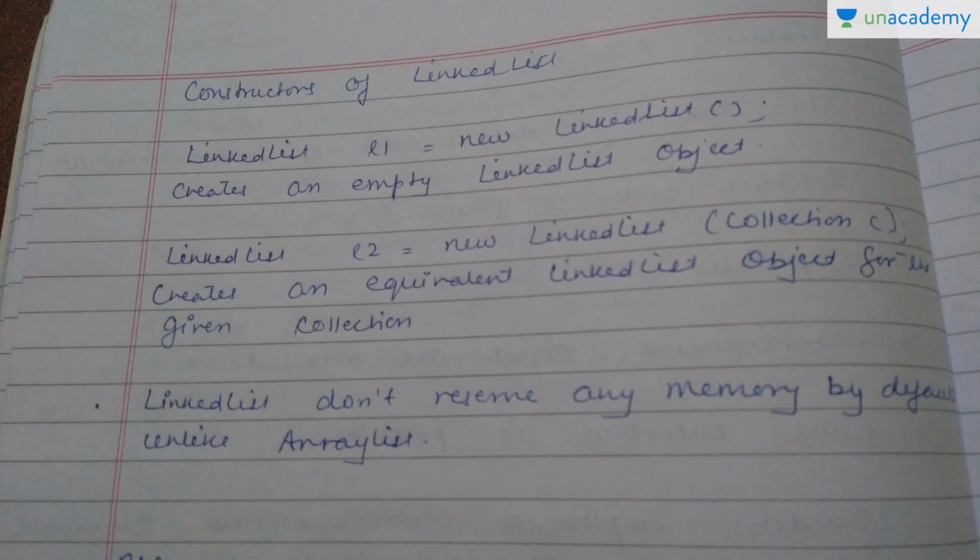So it won't contain any extra memory or predefined memory, unlike ArrayList. We have learned that in ArrayList by default it has some capacity. If we don't provide any capacity, it will take 10 as the initial capacity.